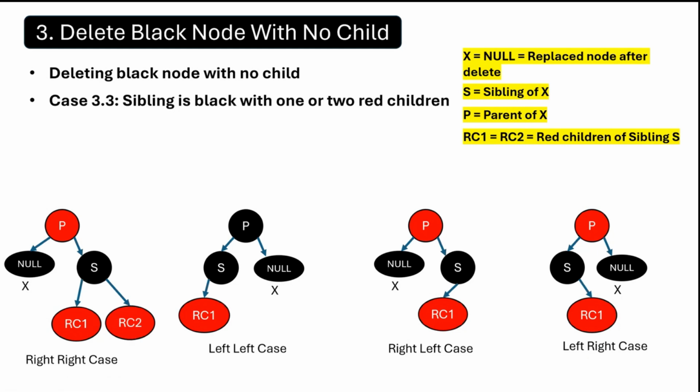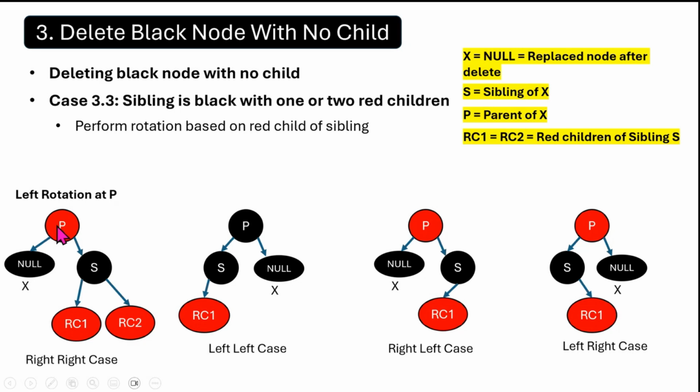So depending on the structure of sibling and the red child, we perform the specific rotation based on these cases, right? For example, here it is a right-right case, so we perform the left rotation. Why are we doing this? Because here the black node is deleted, so there is less height here.